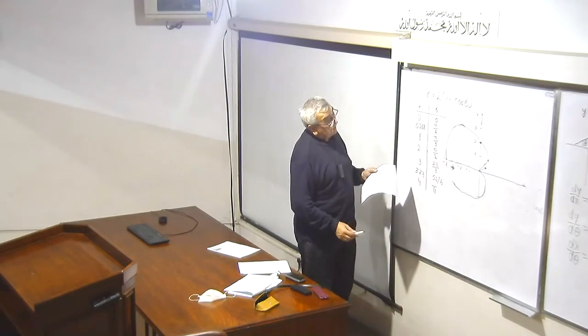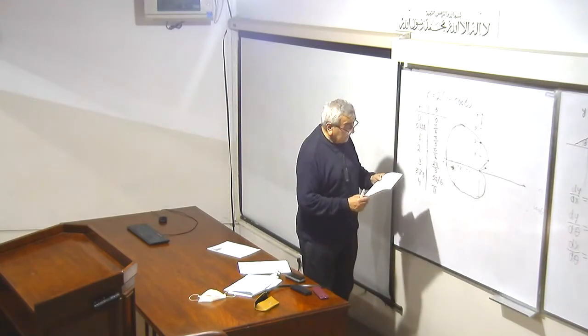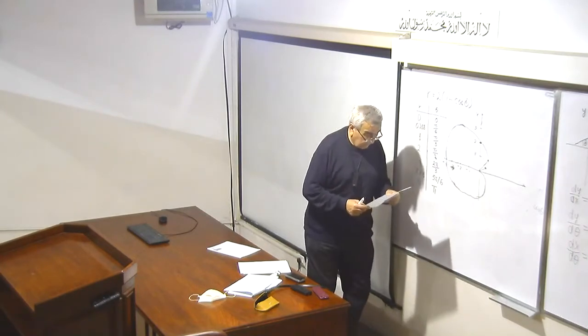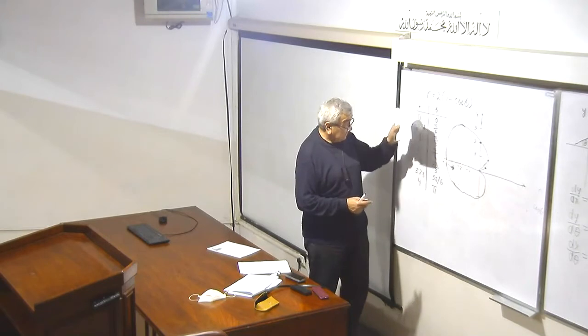It is like this. This is called a cardioid graph. You see, it is like a heart. Therefore, it is called the cardioid graph. This function.